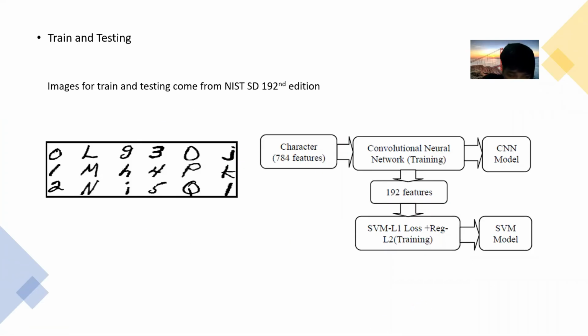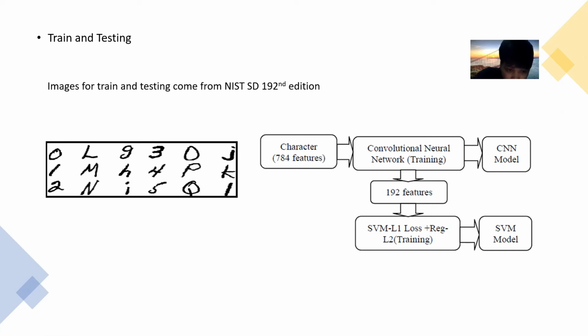Hello, now I'm going to talk about the training and testing after we got the data from lots of images, such as O, L, G, 3, O, J, I, M, and different people have different kinds of handwriting.